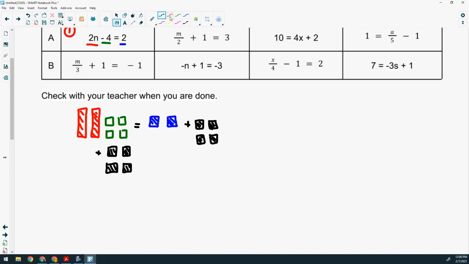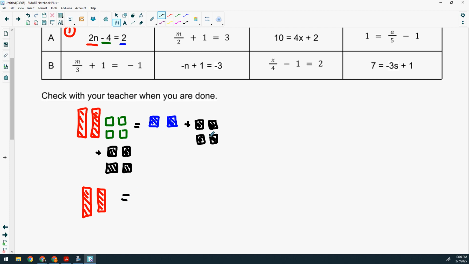Okay, now I need to simplify. So I'm going to write my 2n because that comes down to 2n. Shade them because they're positive. So 2n is equal to, oh, we haven't simplified our 4's here. We have -4 plus 4, which is a net of 0.